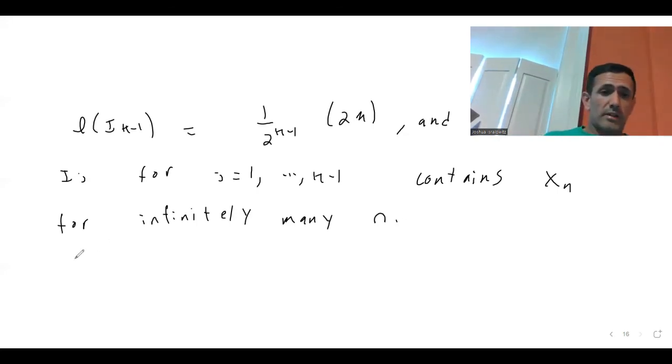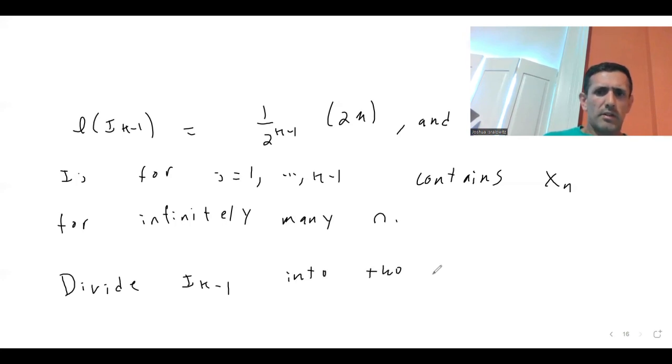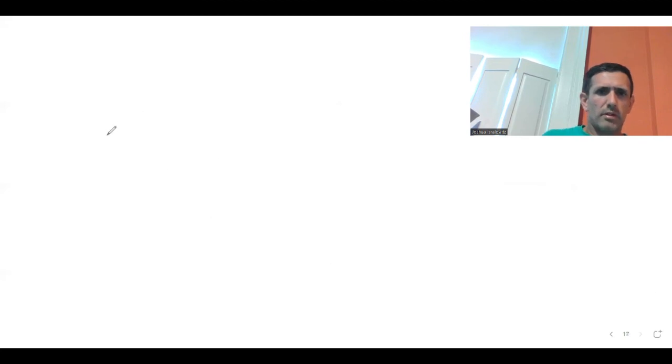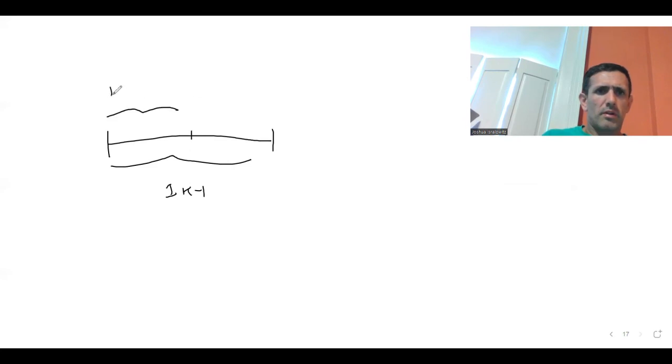So just do exactly the same thing as before. Divide I_{k-1} into two halves, called Ik prime and Ik second prime. So picture nothing different than before: I_{k-1}, Ik prime, Ik second prime.